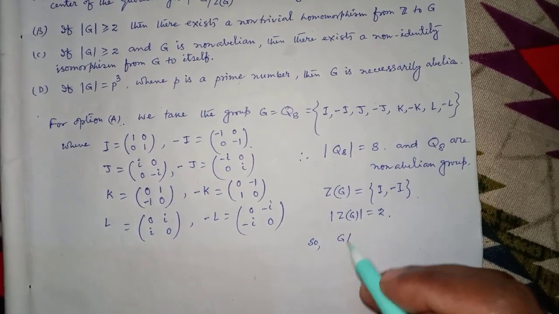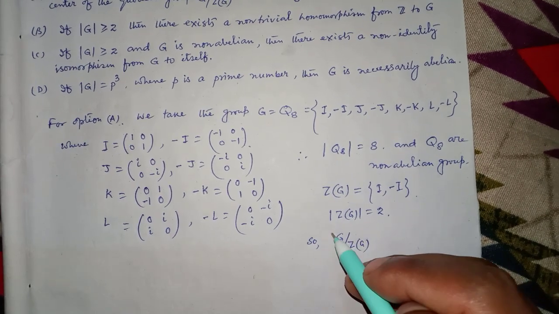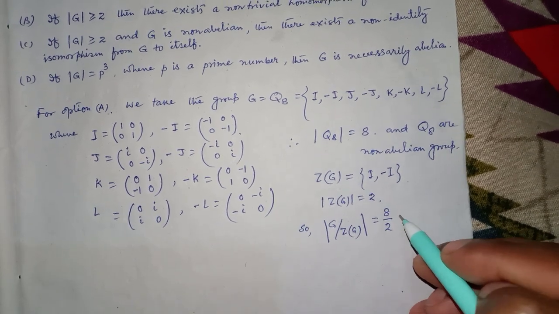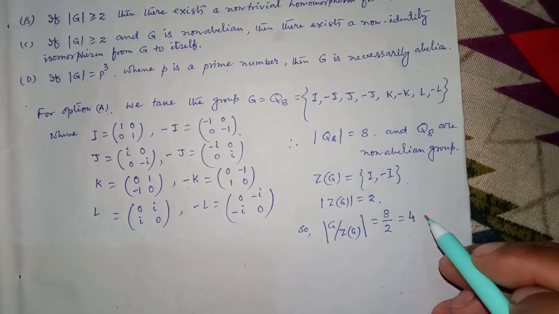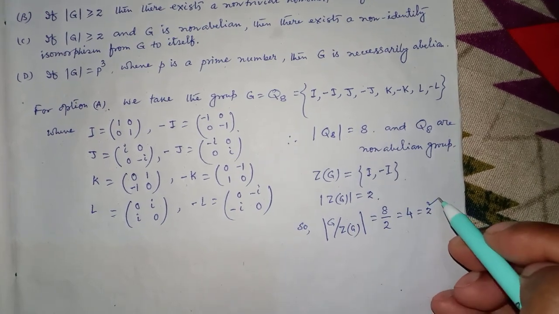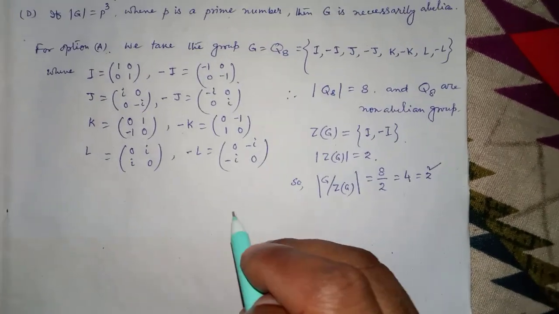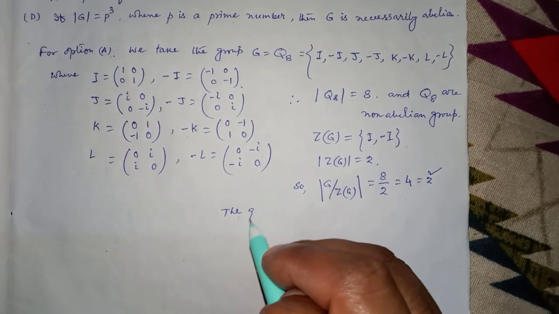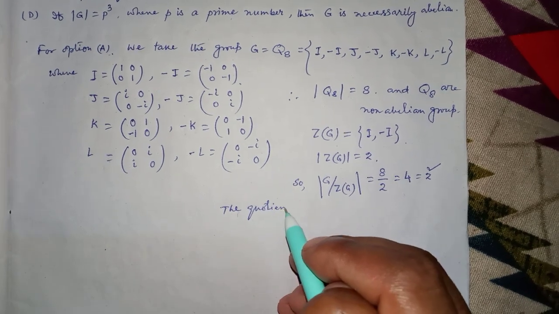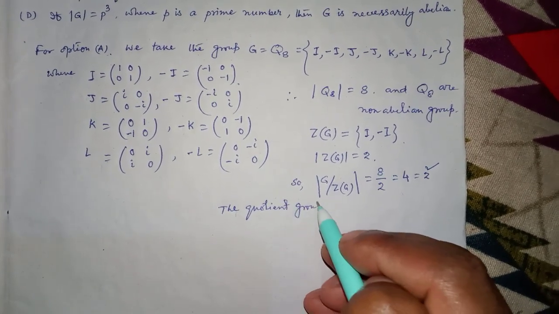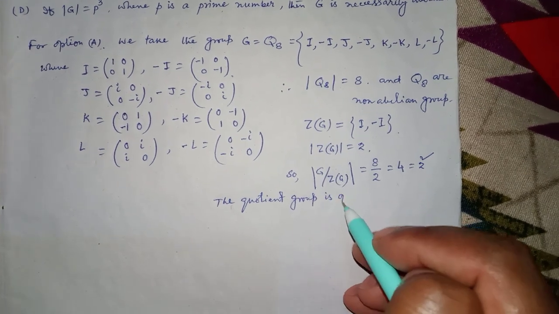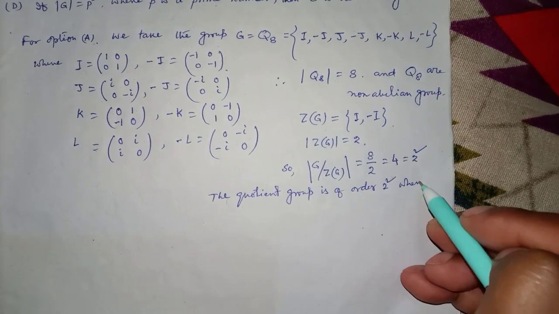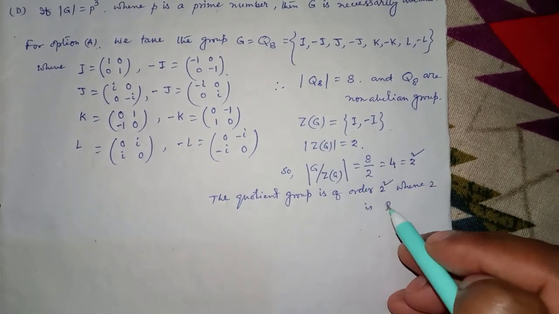So the order of G by Z(G) is equal to 8 by 2, which is 4, equal to 2 square. So the quotient group is of order 2 square, where 2 is prime.